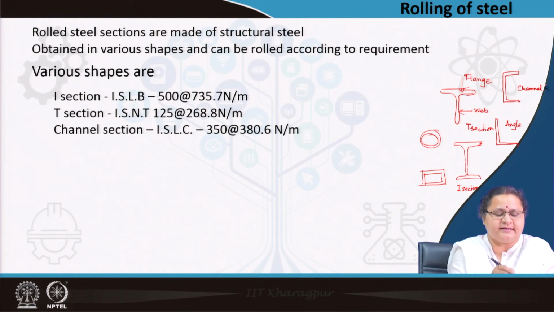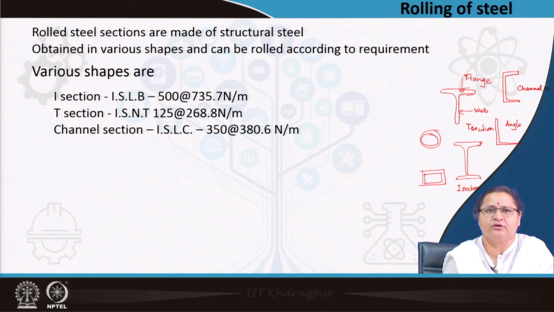So, you see here it is written as ISLB, which is an I section. As per the code it is written 500 at the rate of 735.7 Newton per meter. That means 500 is the depth of the I section, and 735.7 Newton per meter is the weight of 1 meter length.